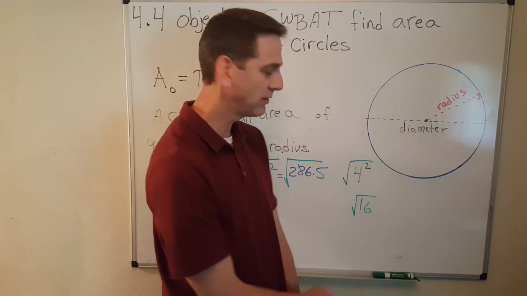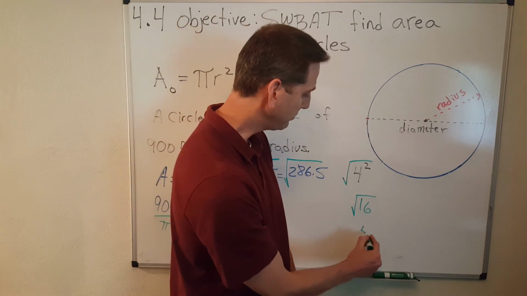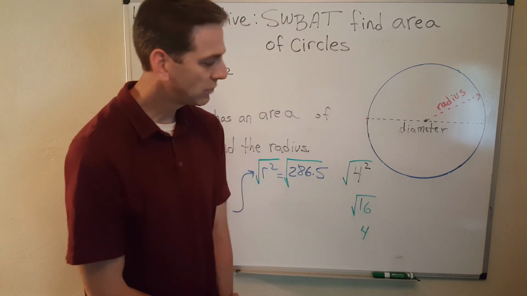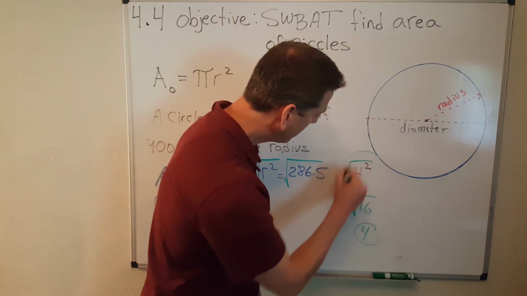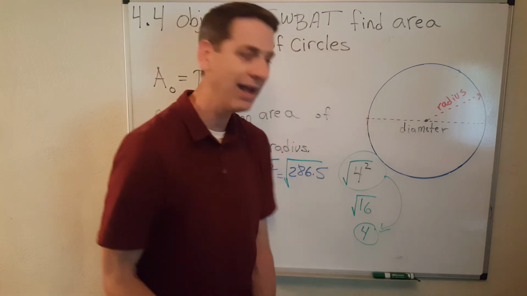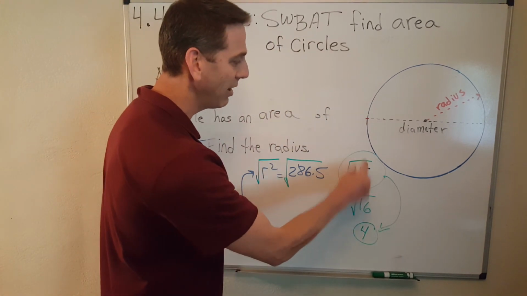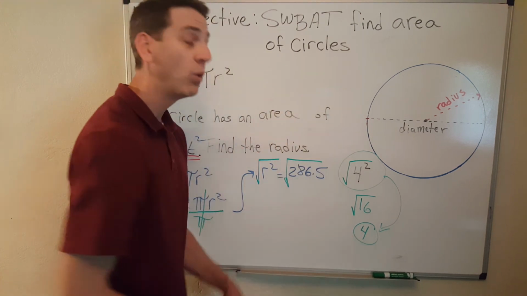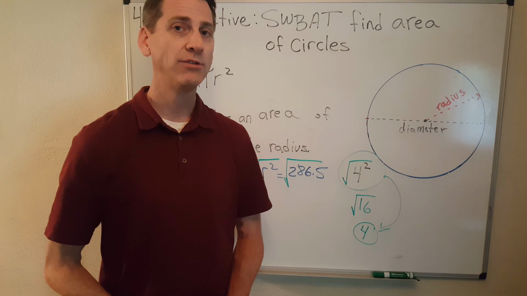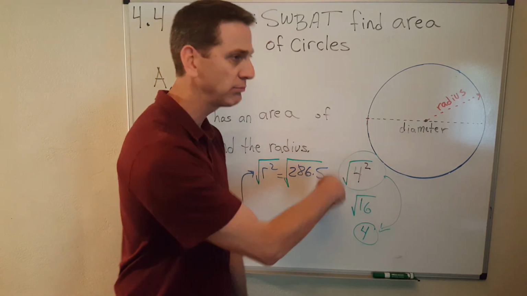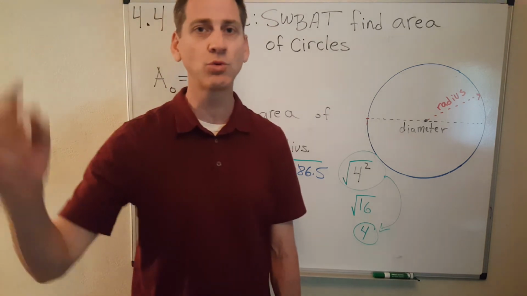What's the square root of 16? 4. So what happened to get from here to there? What did I lose? Well, I lost the square root symbol and I lost the square symbol, didn't I? Why? Because they're inverses of each other and they undo each other. So anytime you have a square and you want to get rid of it, take the square root. If you have a square root and you want to get rid of it, just square it.